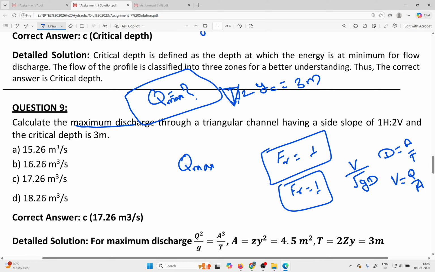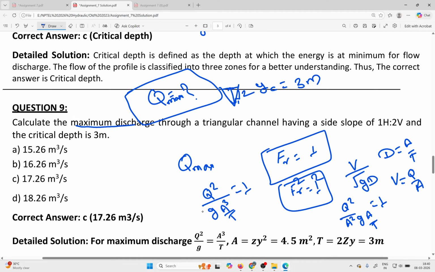So you can square both sides. V square means Q square by A square, times g A by T is equal to 1. So you can write very easily, Q square by g, A cube by T is equal to 1.